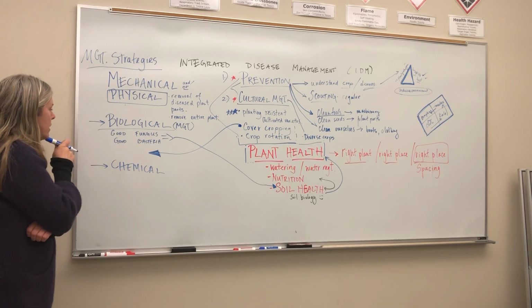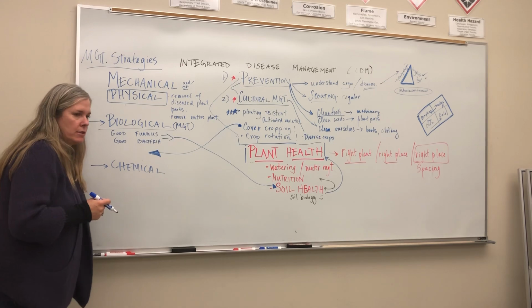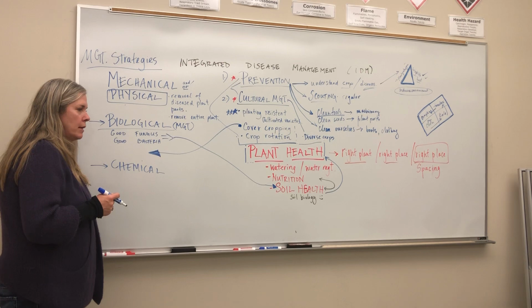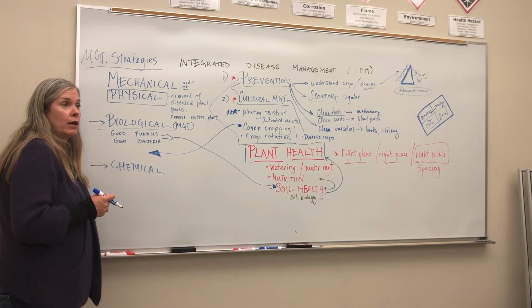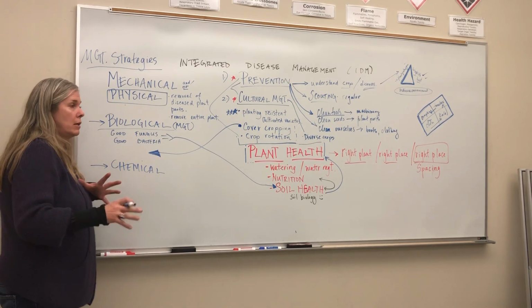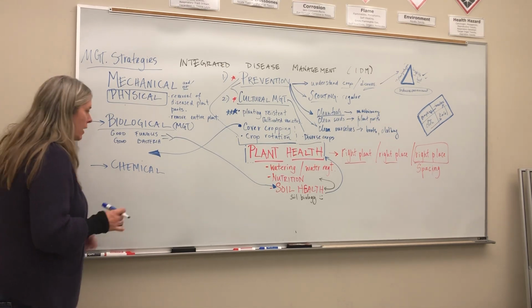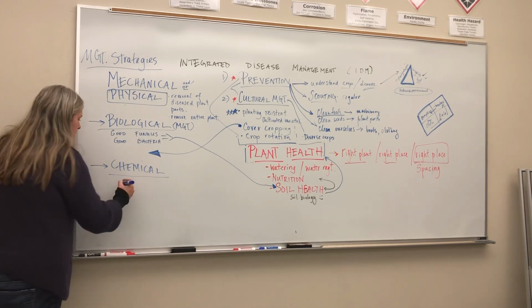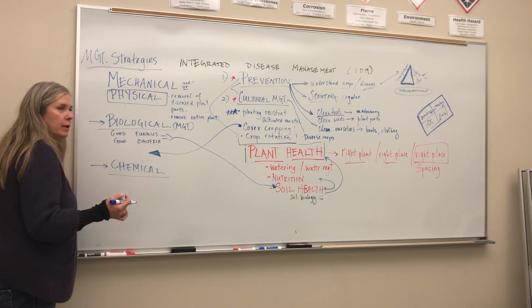Okay, so then chemical control. We've talked about chemical control a little bit in our discussions, and I went through some PowerPoints and mentioned a couple of instances where chemicals don't work at all. Once you get the disease, you've got the disease, so then it just becomes about managing the disease. So in some cases, the chemical control has to be what we call prophylactic. It has to be preventative.